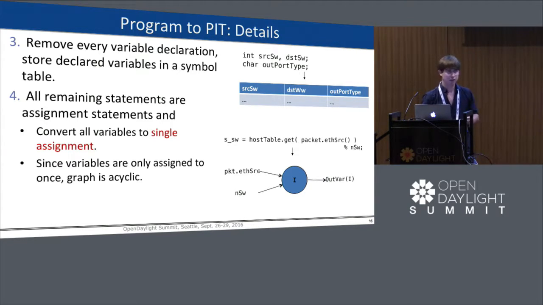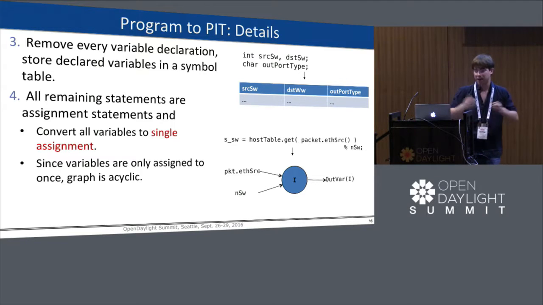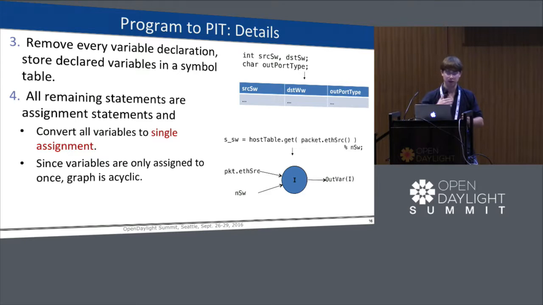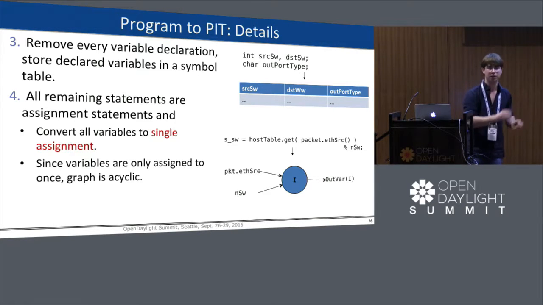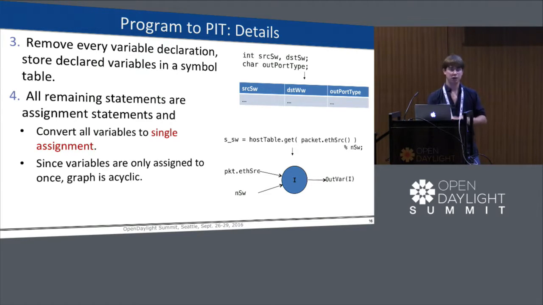That is, if we have the program a equals 1 and then a equals a plus 1, we first convert the two assignments of a into discrete variables. We call one a0, call the second one a1, and we modify our program instruction tables representing these two instructions accordingly.